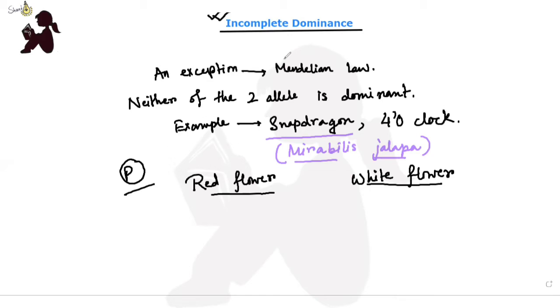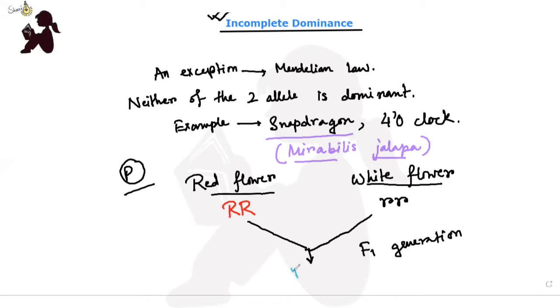The red flower was denoted as capital R, and the white flower was denoted as small r. In the F1 generation, it produces capital R, small r, which showed a pink color phenotype.